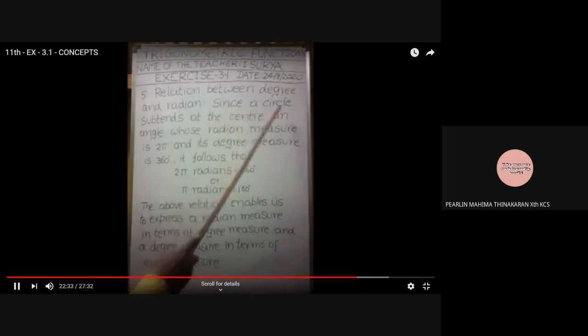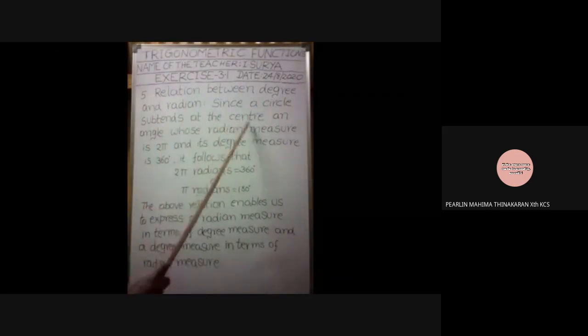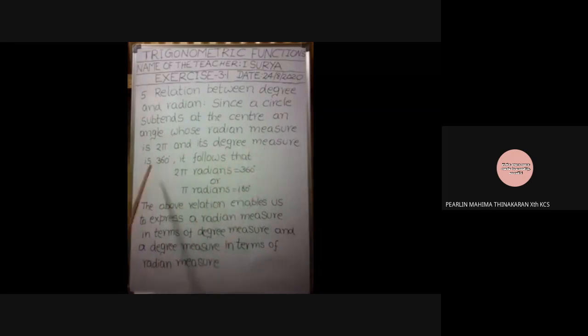Since a circle subtends at the center an angle whose radian measure is 2 pi and its degree measure is 360 degrees, it follows that 2 pi radians is equal to 360 degrees. This is the important relation between radian measure and degree measure. Remember this well. Or pi radians is equal to 180 degrees.